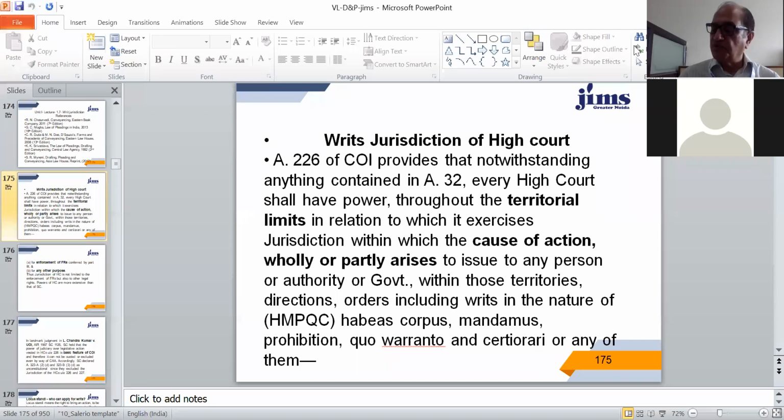So, dear students, before you start the actual drafting of any writ, you should know the law relating to the writ jurisdiction of the High Court.